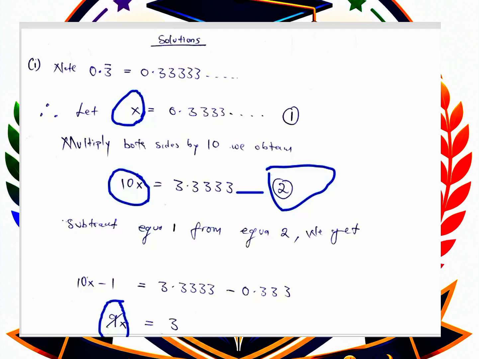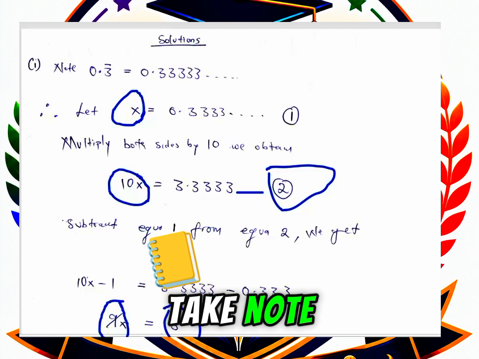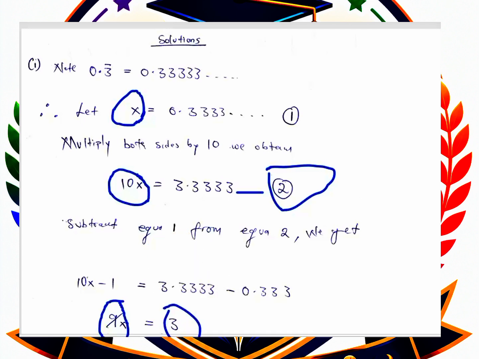Then from there, we say 3.3333 minus 0.3333. After doing that, we get 3, because our aim is to make the decimal part be equal to 0. Once we do that, we have 9x equal to 3.